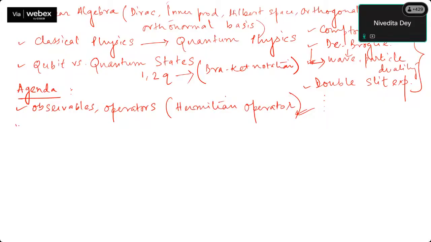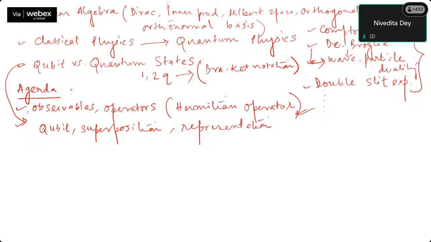Then we will be repeating a little bit and understanding again in a more detailed way, considering that we now have a good understanding of the Dirac notation: qubit and superposition and their representation. We will be talking about this once we cover the Hermitian.